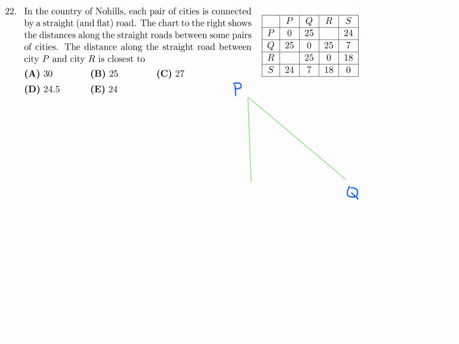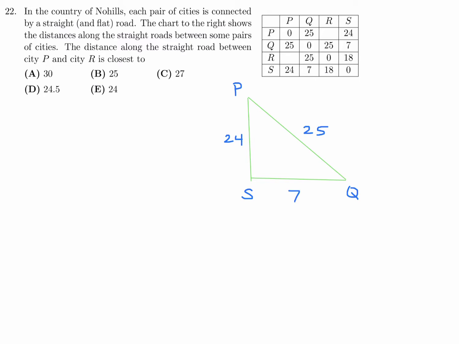And then we've got Q and S is 7. Okay, so that means from here to here is going to be 7. Now this isn't drawn to scale, but that's okay. Let's label this now. PQ was 25, PS is 24, and SQ is 7, right?